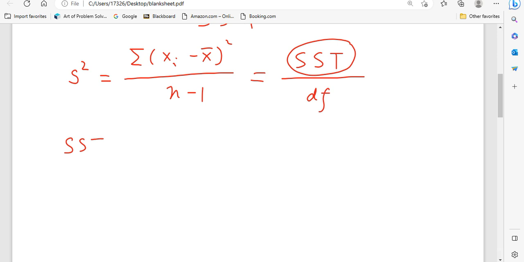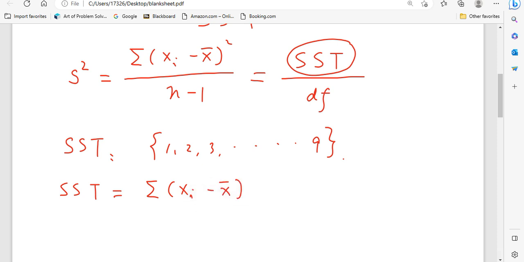So here, how can we find SST? SST is we put all the data together, 1, 2, 3, 4, 5, 6, 7, 8, 9, right? So SST equals summation of xi minus x bar squared. The x bar is 5, since the average of 1 to 9 is 5.